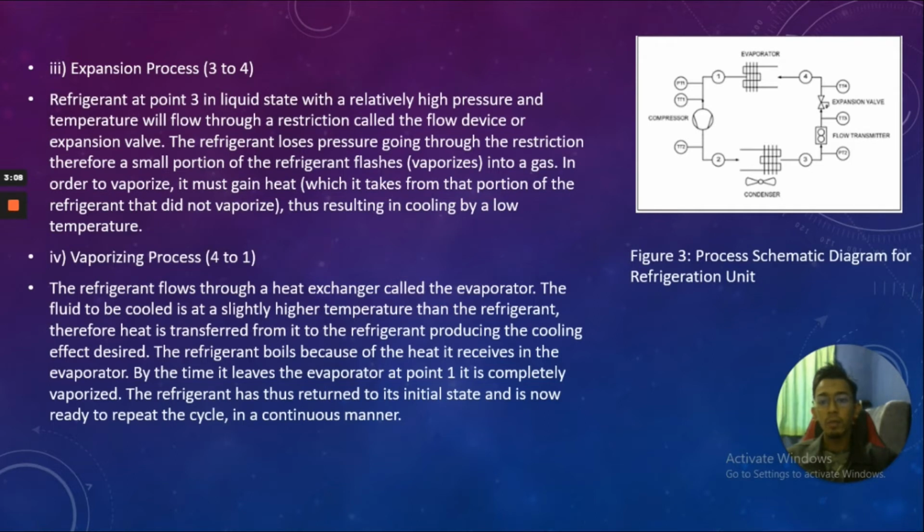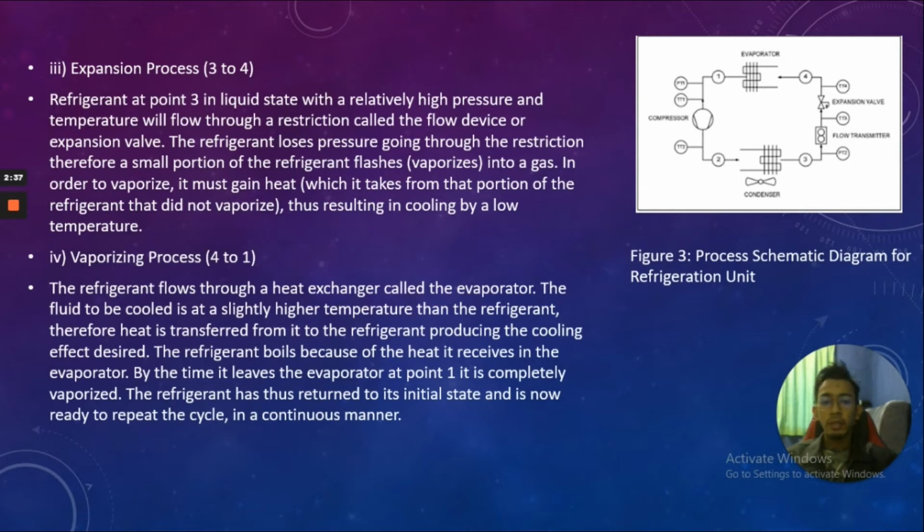Therefore a small portion of the refrigerant flashes, which is vaporized into a gas, and in order to vaporize it must gain heat, which is taken from that portion of the refrigerant that did not vaporize, resulting in cooling to a low temperature.